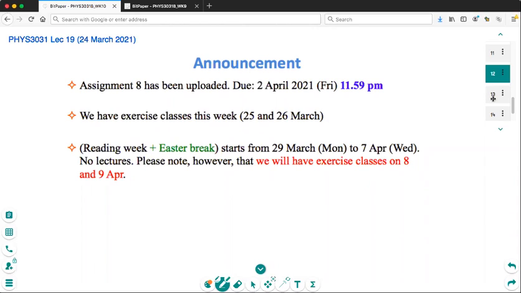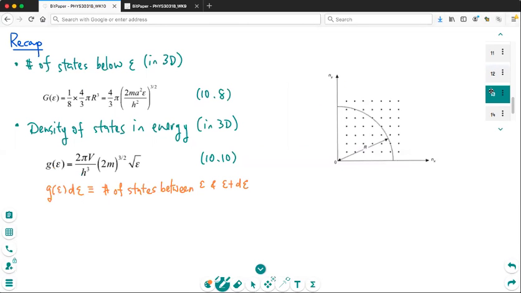Okay, so this is what we discussed on Monday. Remember, we solved the particle in the box problem, and we went through all this familiar business: writing down the solution, discussing the solution, the allowed energy levels, and we come up with this density of states.